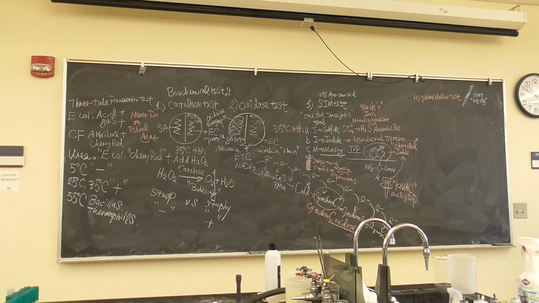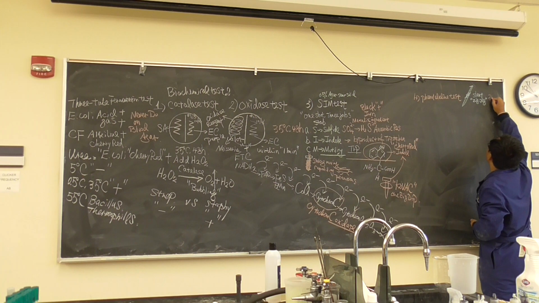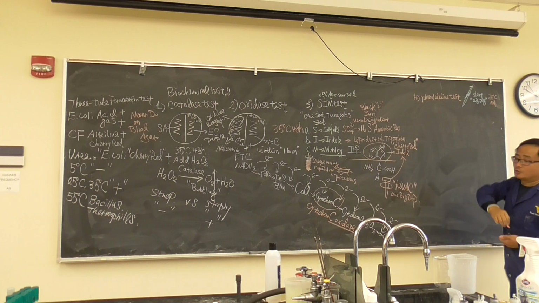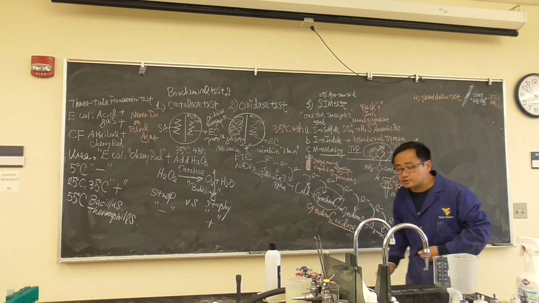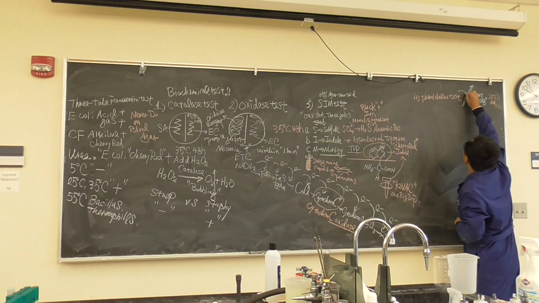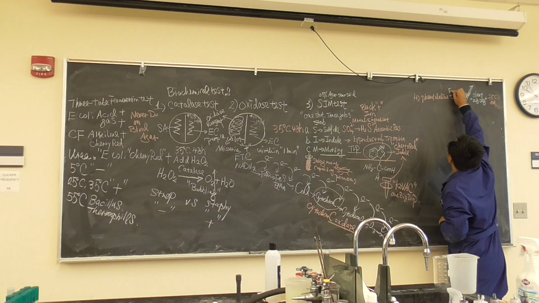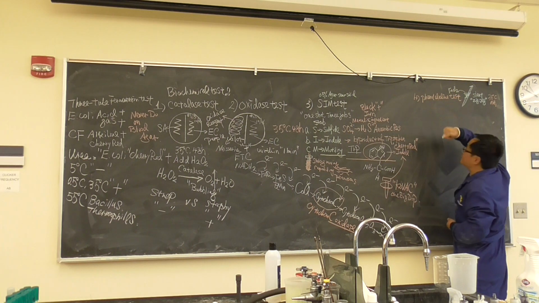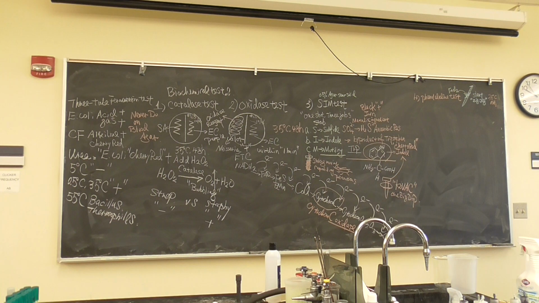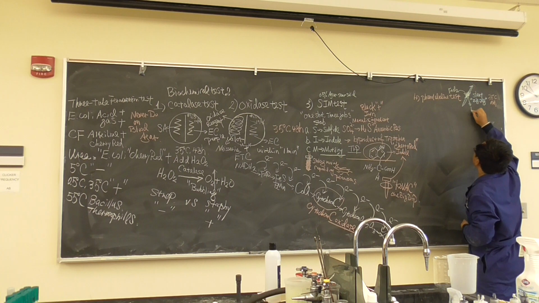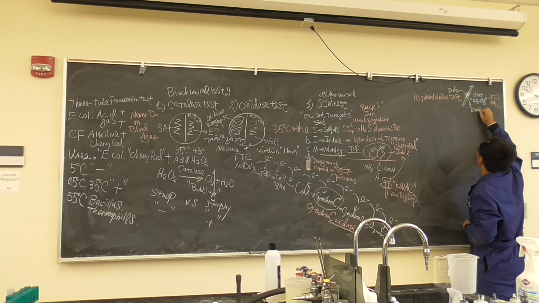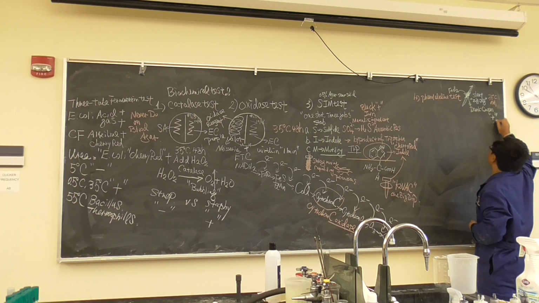And then, after 35 degrees Celsius, 48-hour incubation, we will add a reagent, which is FeCl3, ferric chloride. If you see a dark green color, it is positive.